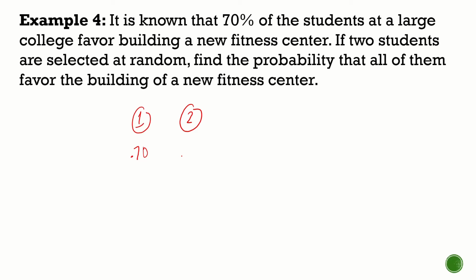The probability of the second is still the same, so that's 0.70. So just multiply those two. So 0.7 times 0.7, the answer is 0.49. That's close to 50%, right?